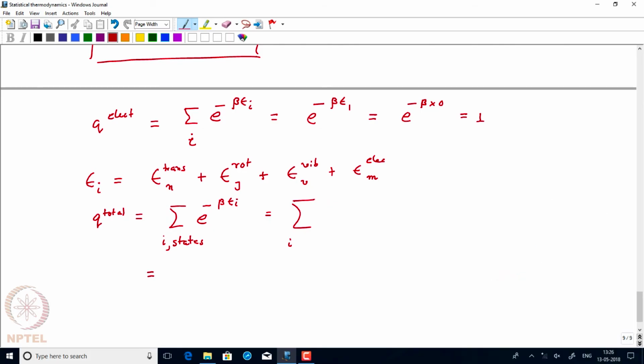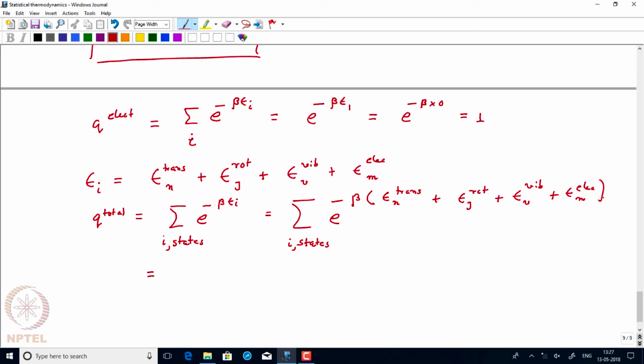So I have a sum over I, taken over states, and then I write e to the power minus beta, instead of epsilon I, epsilon n translation plus epsilon j rotation plus epsilon v vibration plus epsilon m electronic. So all these energy levels.